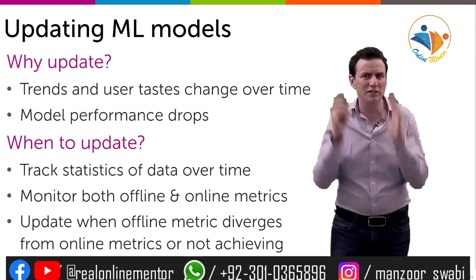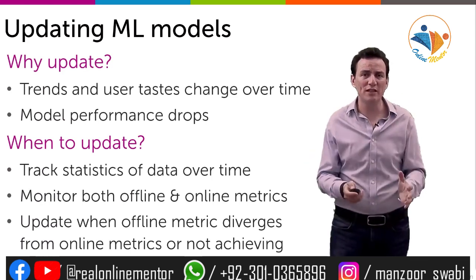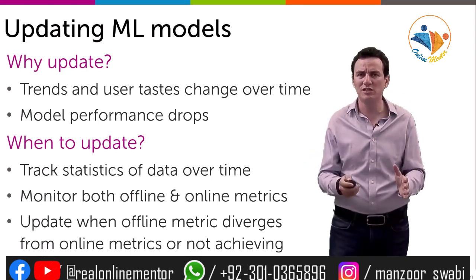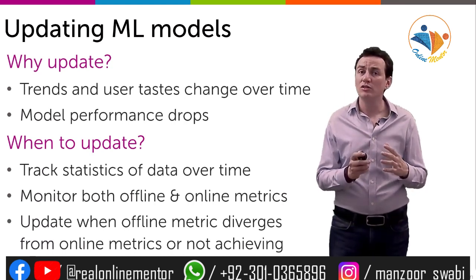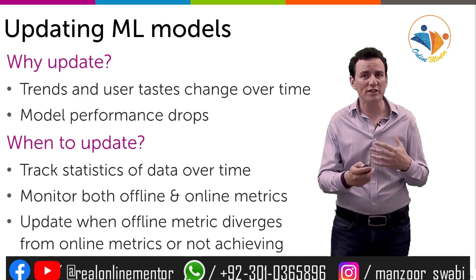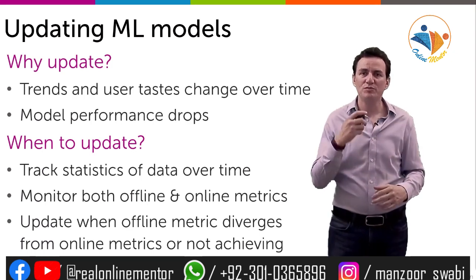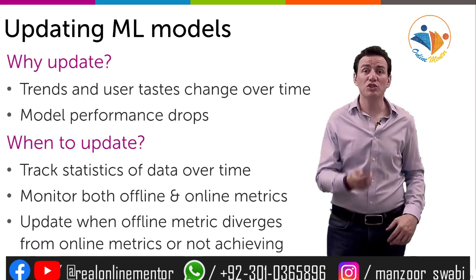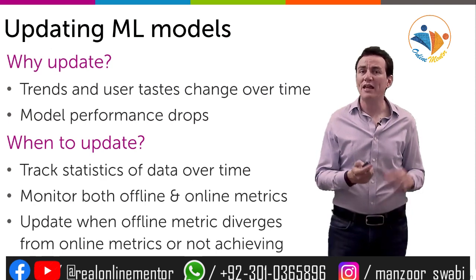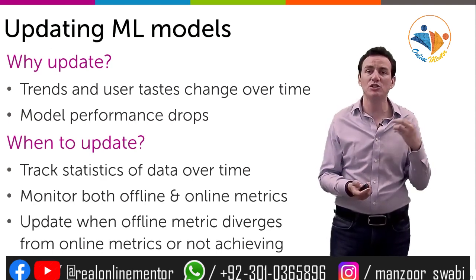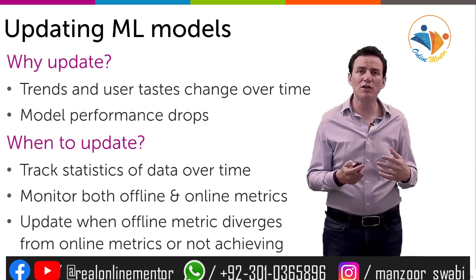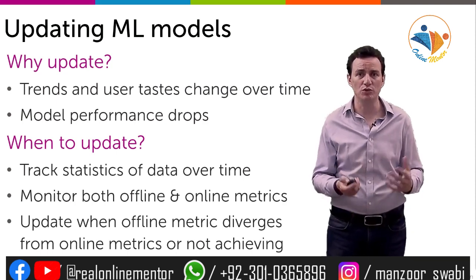This is really about data. It's about tracking those metrics that we measure, those statistics, and coming up with a quantitative measure to say things have changed, it's time to update the model, and this is what's going to happen when we update the model. This combines the offline metrics we use to train the model, but really the online metrics that we're capturing. So let's talk about how online metrics get used.